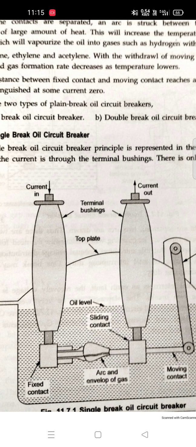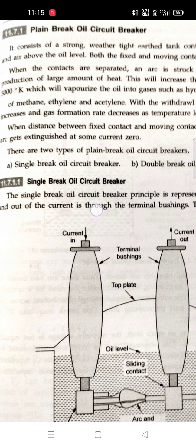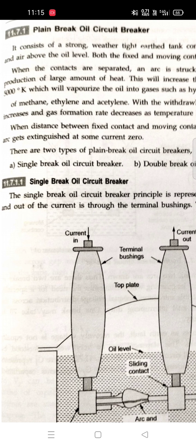So using these categories we can make three categories. First is plain break oil circuit breakers, then self generated pressure oil circuit breakers, or we can say self blast circuit breakers, and last one is externally generated pressure oil circuit breakers, meaning forced blast oil circuit breakers.